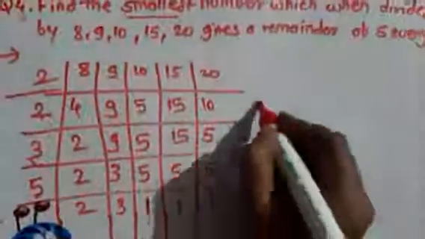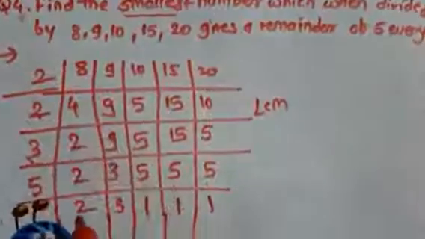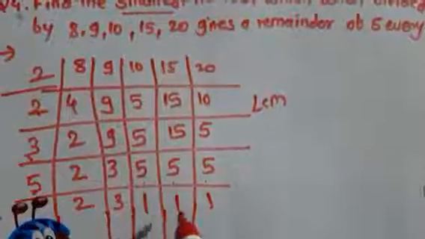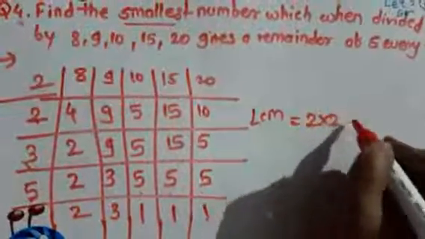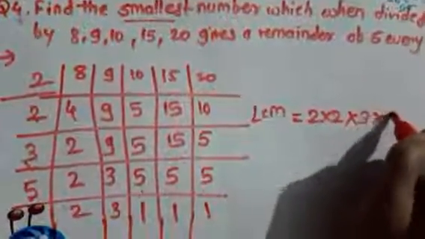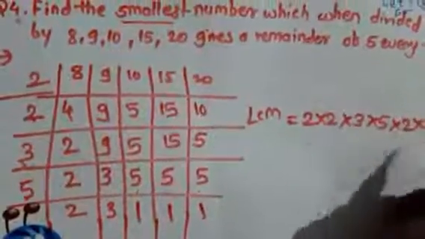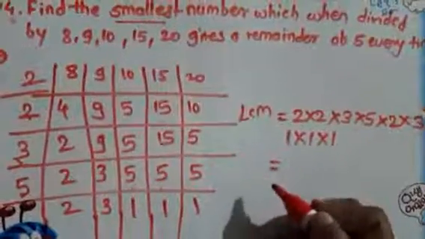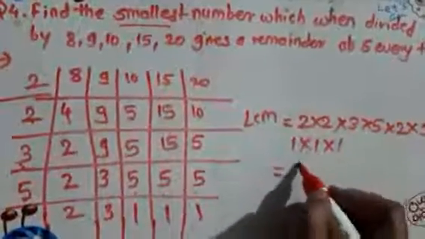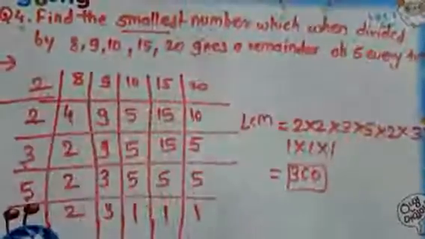So now the multiplication of all this: 2 into 2 into 3 into 5 into 2 into 3 into 1 into 1 into 1. That multiplication will be 360. So this is the LCM for all these numbers.